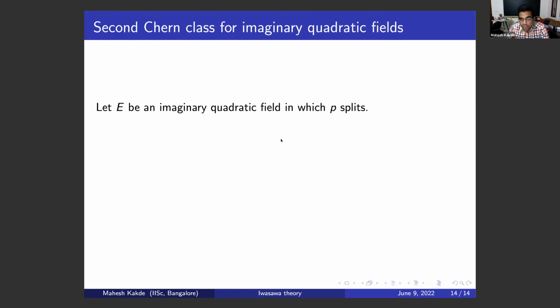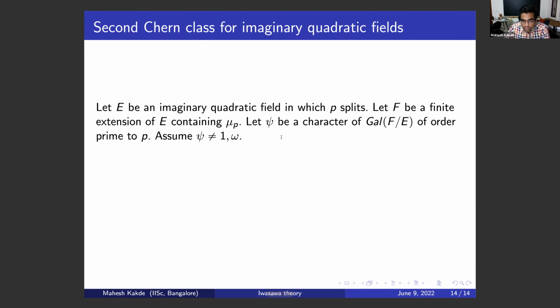So this is what is called the ordinary situation, and not the supersingular situation. In this case, we have Katz's p-adic function. Let F be a finite extension of E which contains μ_p, the pth roots of 1. Let ψ be a character of the Galois group of F over E, and I assume that the order of ψ is prime to p as before. If this is not the case, then it's not clear what exactly to do.